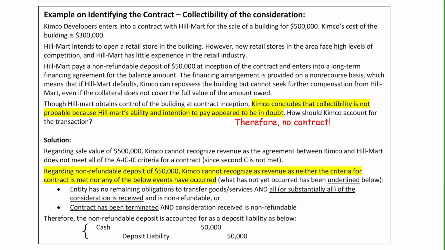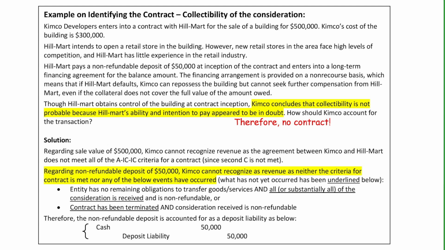So there are two situations, and if any one of them occurs, Kimco can recognize revenue, but they have not yet occurred. And what has not yet occurred has been underlined below. So let's look at it. So the first situation could be entity has no remaining obligations to transfer goods or services.